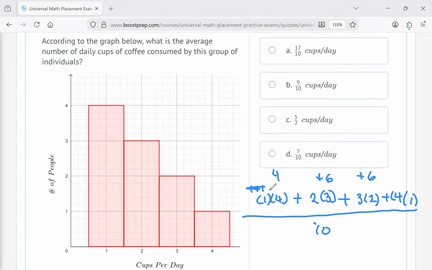So on the top, what's 4 plus 6 plus 6 plus 4? That is 17 divided by 10, so it's 17 cups per day. Okay, so it's letter A.